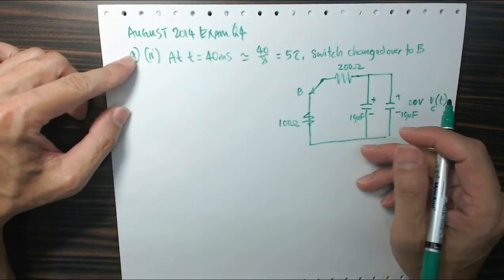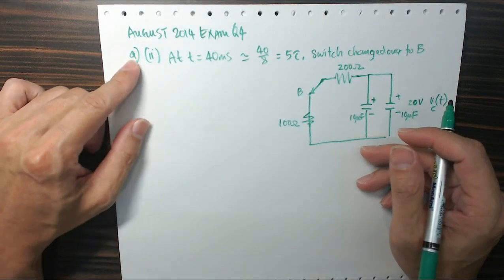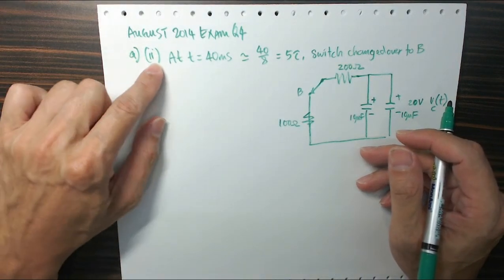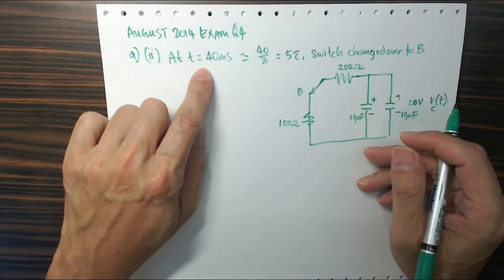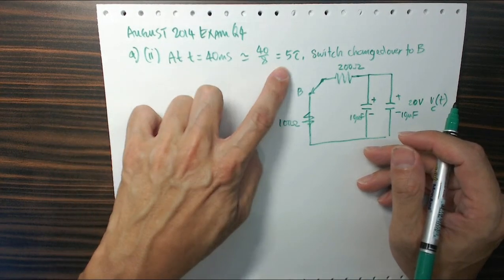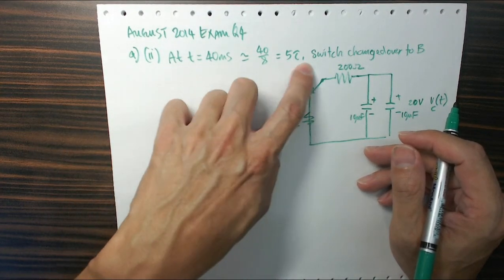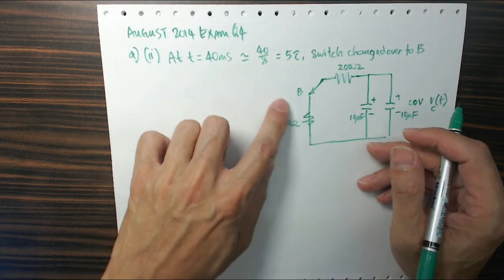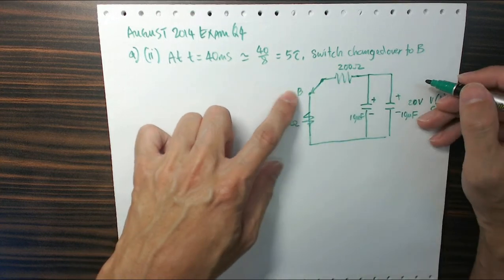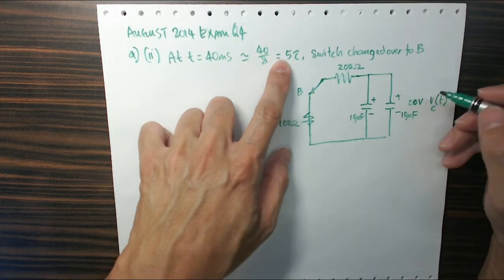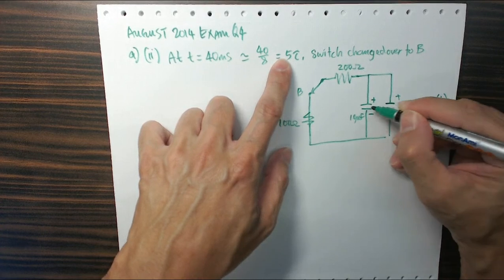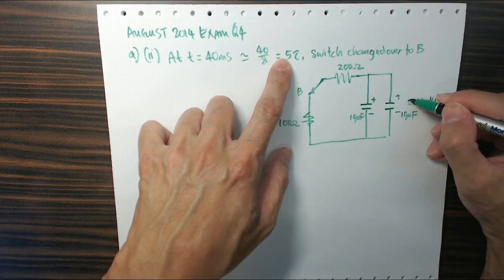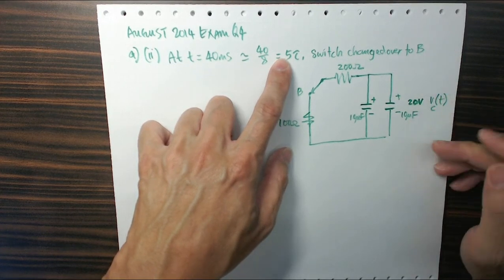All right, now we look at part A, subsection 2. At time t equals 40 milliseconds, which is about 5 tau, the switch is changed over to B. At 5 tau, the voltage across these two capacitors would have reached the maximum voltage, 20 volts.